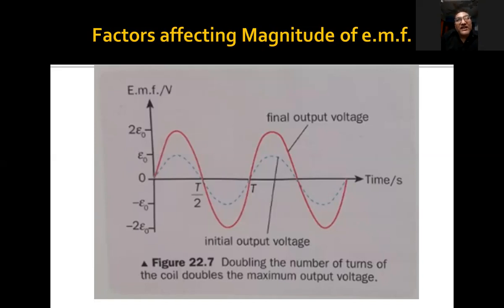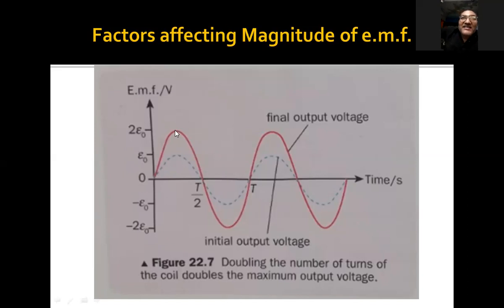We have only studied with a single turn of the coil, but we put there thousands and thousands of turns of the coil. So now the EMF graph with respect to time will be this red line. You can see that the amplitude of this graph has doubled. It was going to 1E, now it is going to 2E.